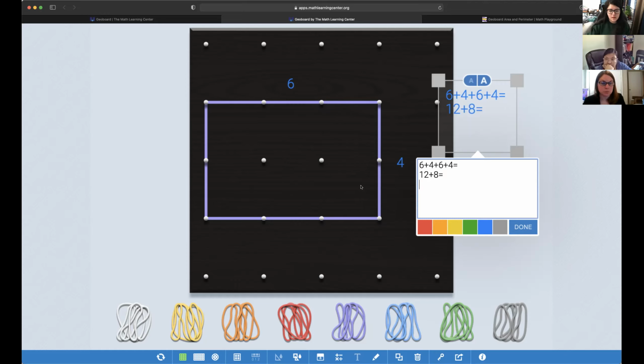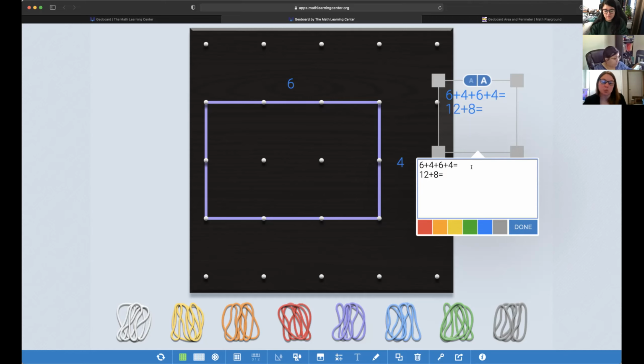Also, like we talked about the doubles, if you want to just say 6 times 2, that's another way you can look at it. So when we're looking at this, like I said, make sure you add up all the side lengths. So we're going to do that. So 6 plus 4 plus 6 plus 4, what would be the perimeter of this shape?